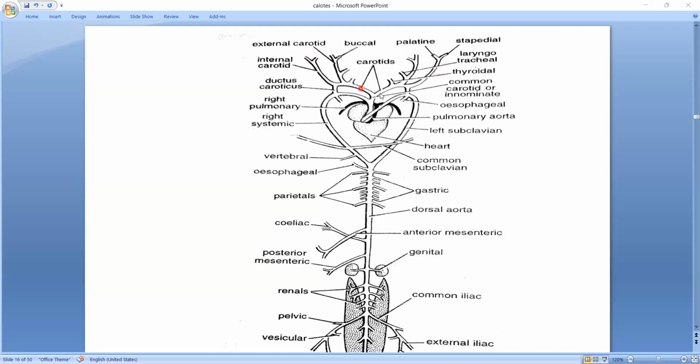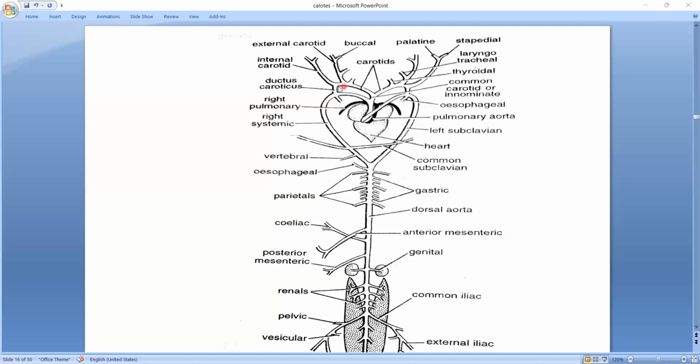Overall, the common carotid artery with its branches, the left and right carotid arteries, supplies fresh blood to the brain, particularly the head region.